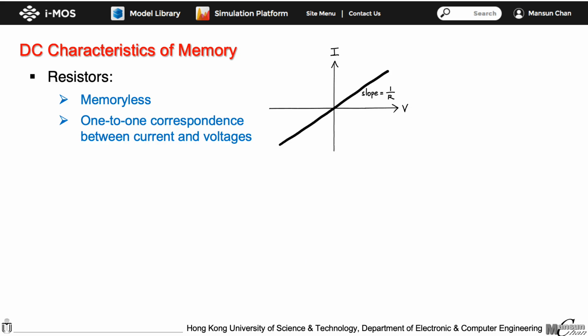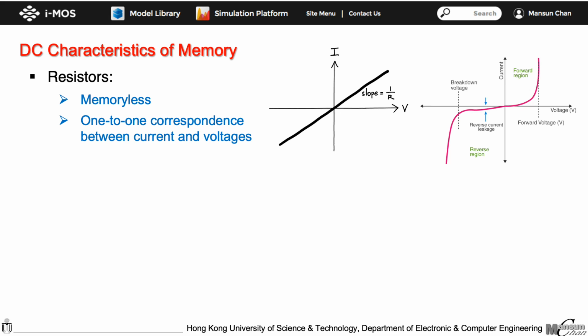The differences between memory devices and traditional devices can be more easily seen by looking at their current-voltage characteristics. A two-terminal device, such as a resistor, has a one-to-one correspondence between the current and voltage. Active devices, such as PN diodes, can be regarded as nonlinear resistors. The same one-to-one correspondence between current and voltage is also observed.